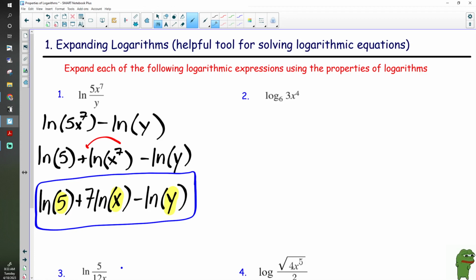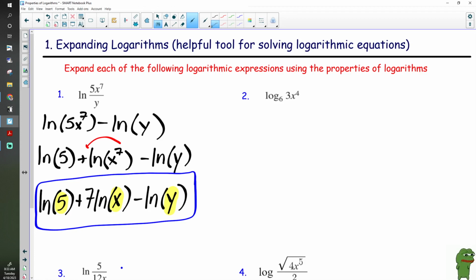Well, let's check. Are we dividing anything? Definitely not using the quotient. Is anything being multiplied? Yep. 3 times x to the 4th, so we're going to use the product. And are there any exponents? Yeah, so we're going to use the product property and the exponent, or the power property. 2 of our 3.